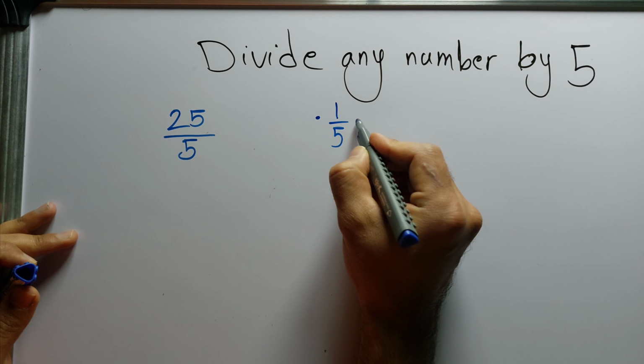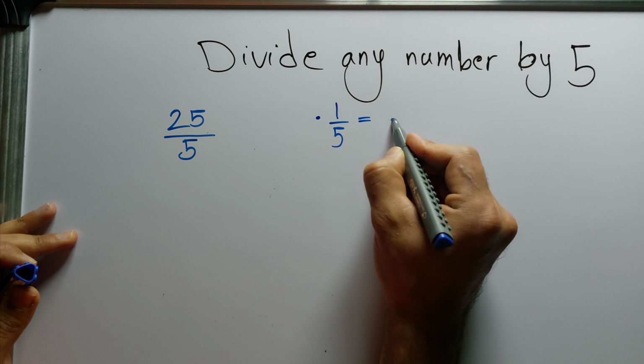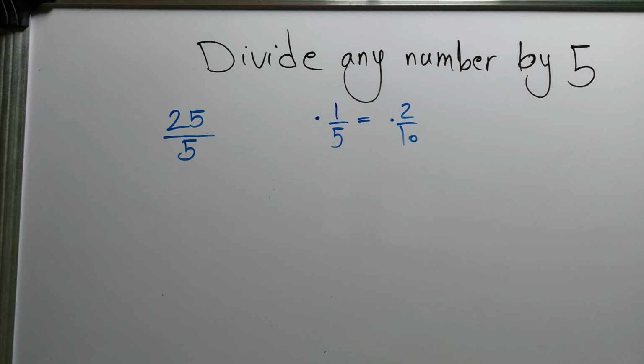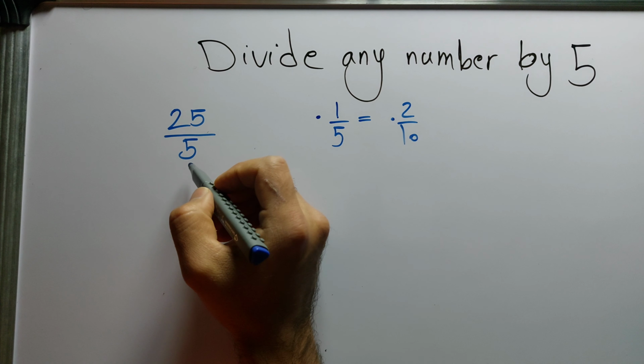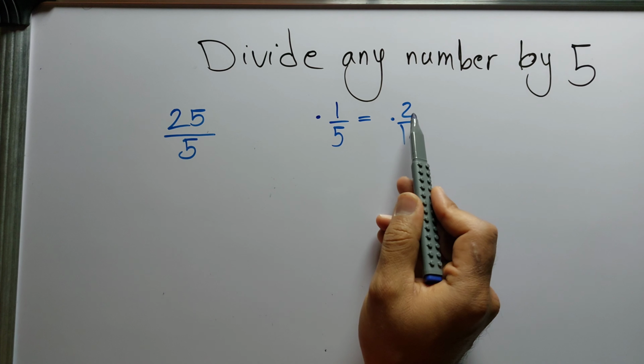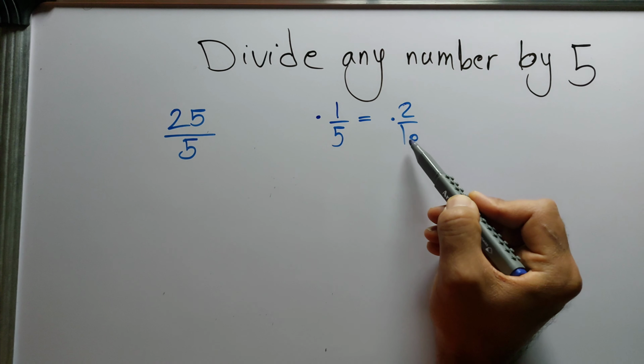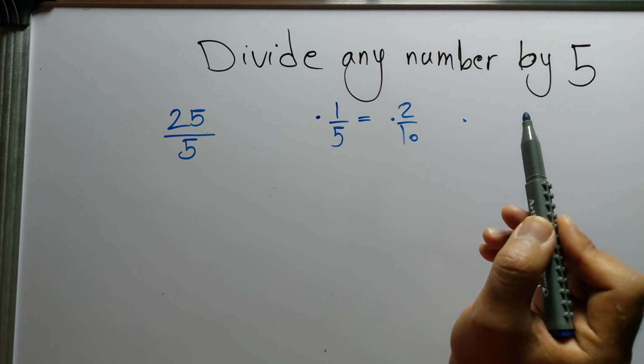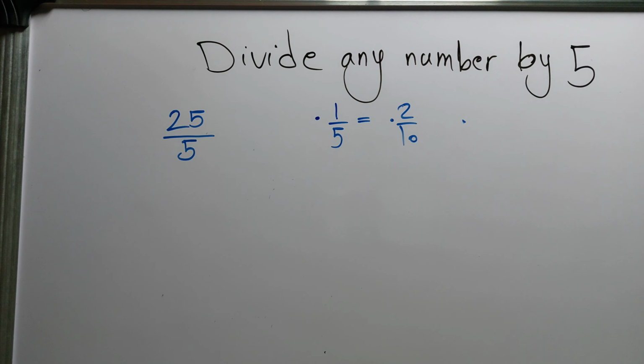Or in other words, we can say it is multiplied by 2/10. So basically that's the same thing. Any number divided by 5, you can just multiply that by 2, then divide it by 10, which is absolutely easy. You can just put a decimal point behind the last digit.